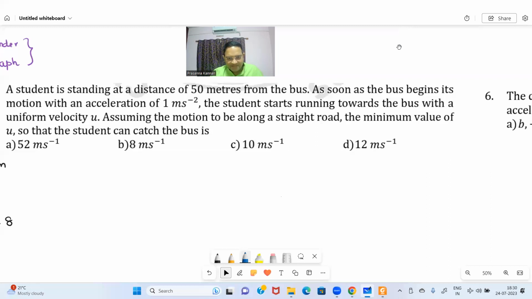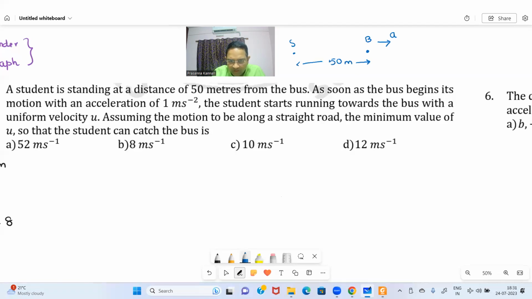Okay, let's discuss this question now. A student is standing at a distance of 50 meters from a bus. So there is a bus. And our student is standing at what distance, students? 50 meters. Yes, 50 meters from the bus. As soon as the bus begins to move with an acceleration of what?